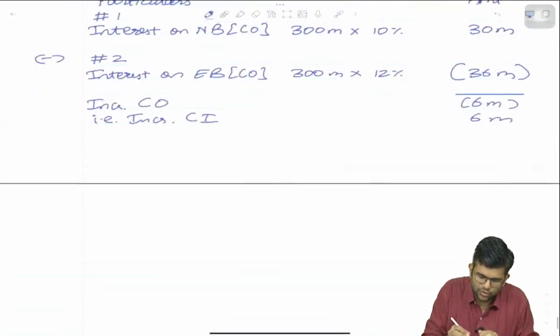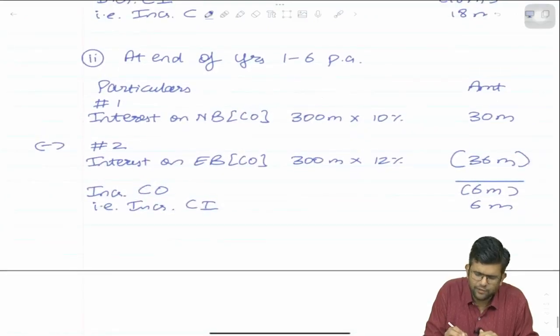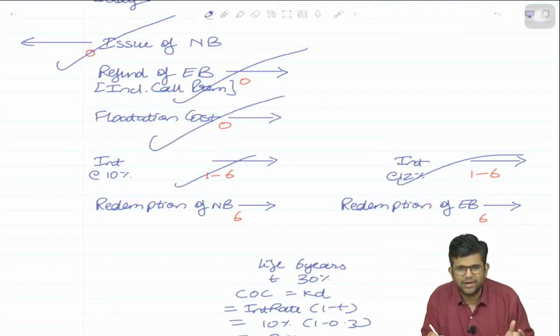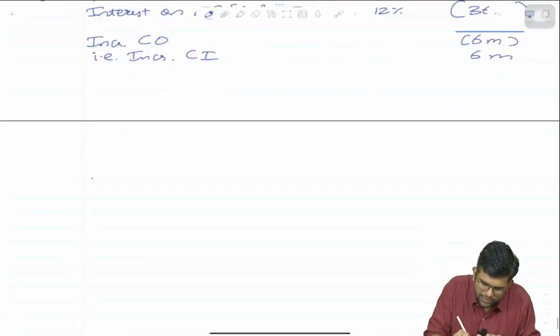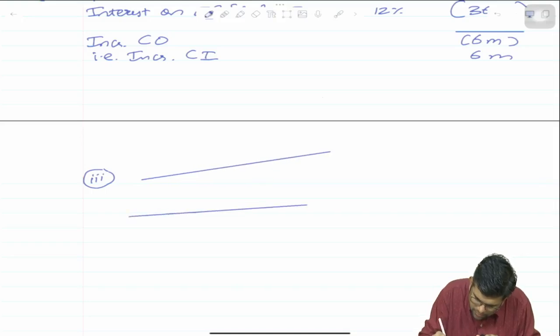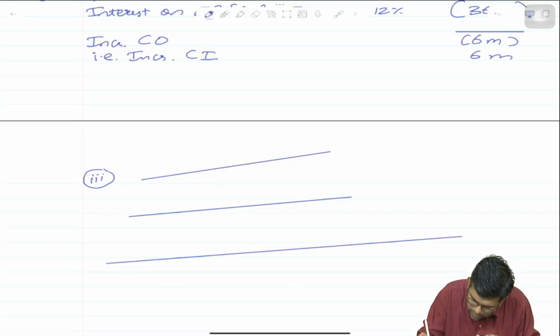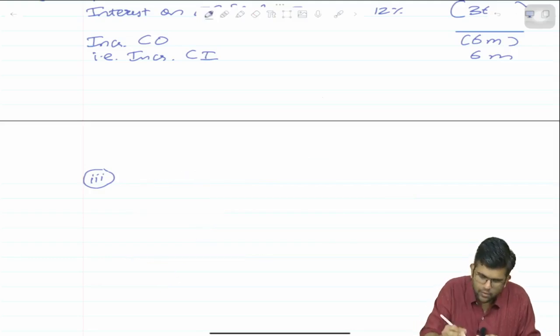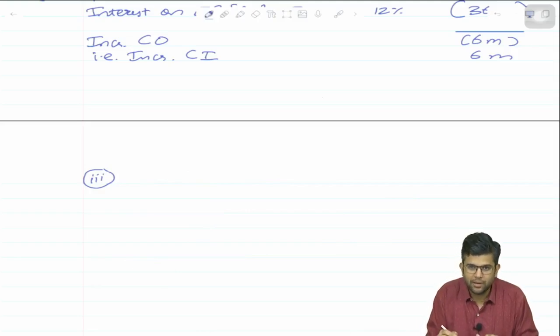And like that, there is going to be end of year 3, end of year 6, correct? This is done. Now what is left is end of year 6, but I hope you realize end of year 6 is a useless calculation, but still I will show it to you. So I will write here point number 3. Ready?